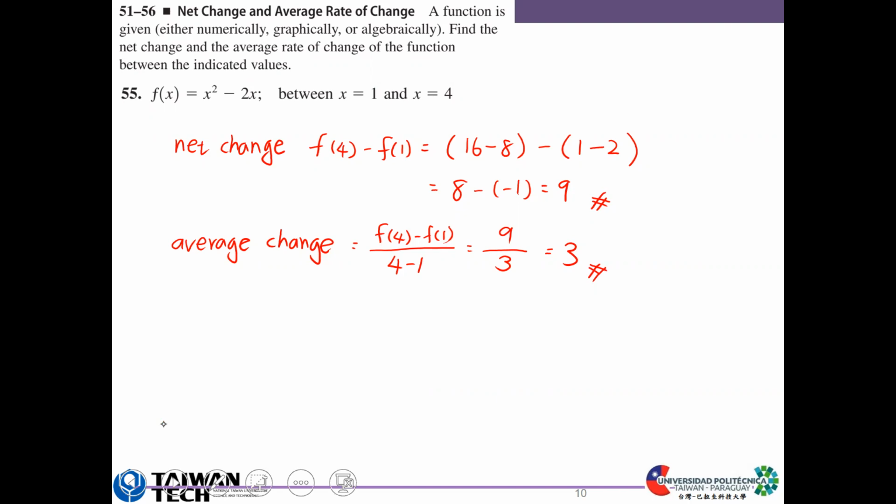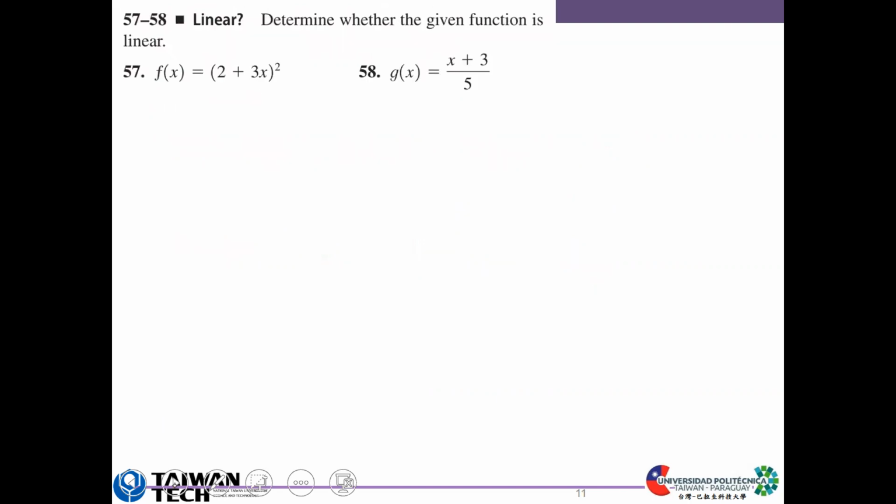Okay, and the next problem we are looking at is determining whether the given function is linear. And this is a linear function because if you draw this function on the xy coordinate, where y equals g of x, you'll get a line, because when x equals 0, y is 3 over 5, and when y equals 0, x equals minus 3.